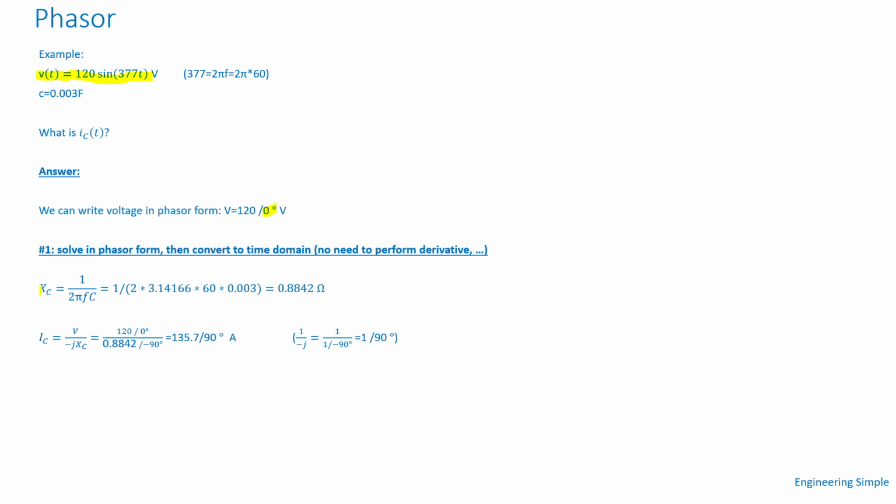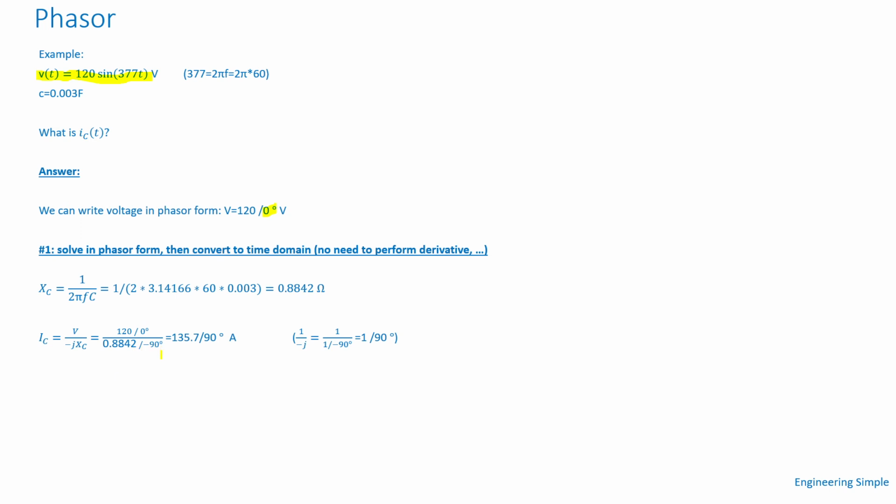Negative J times X of C is just 0.8842, so that's what I'm putting here. Negative J is just an angle of negative 90.